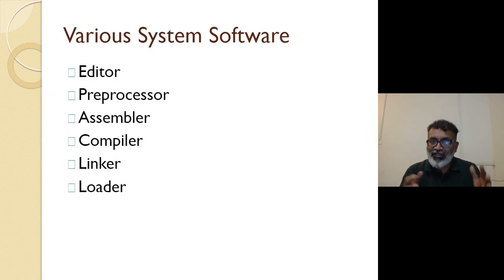These minimum six system softwares are used. I'm saying minimum, because there are other system softwares, like a parser, which parses the code, because compilation is not that easy. It has to be parsed. Then there is a lexical analyzer.